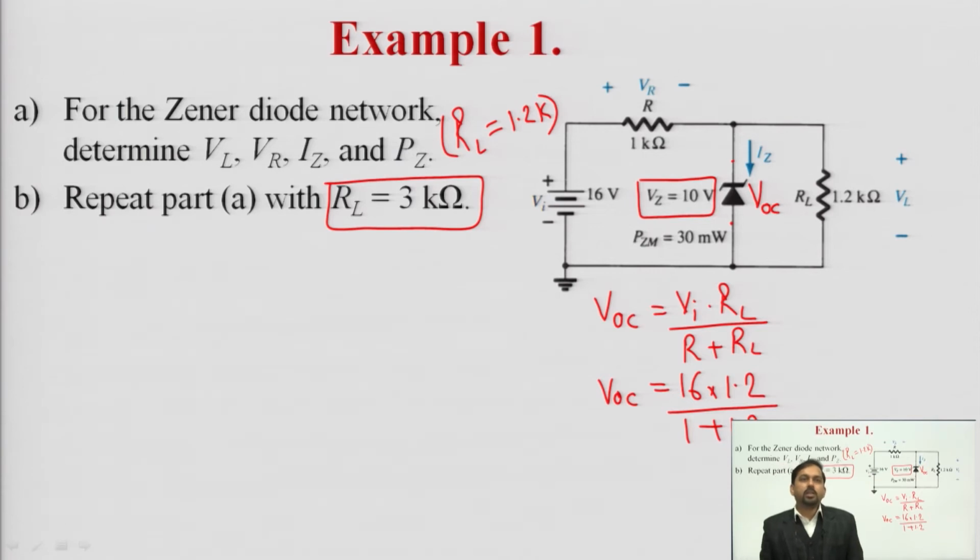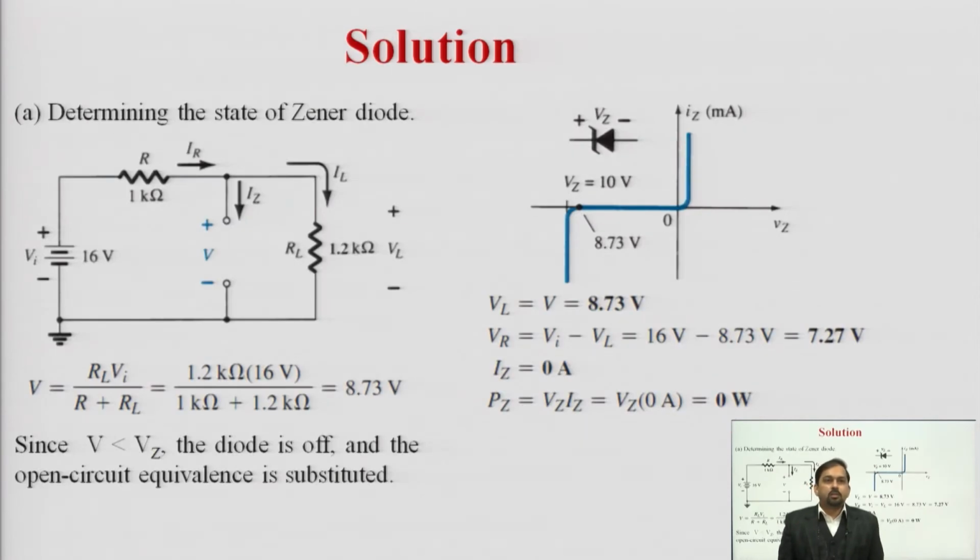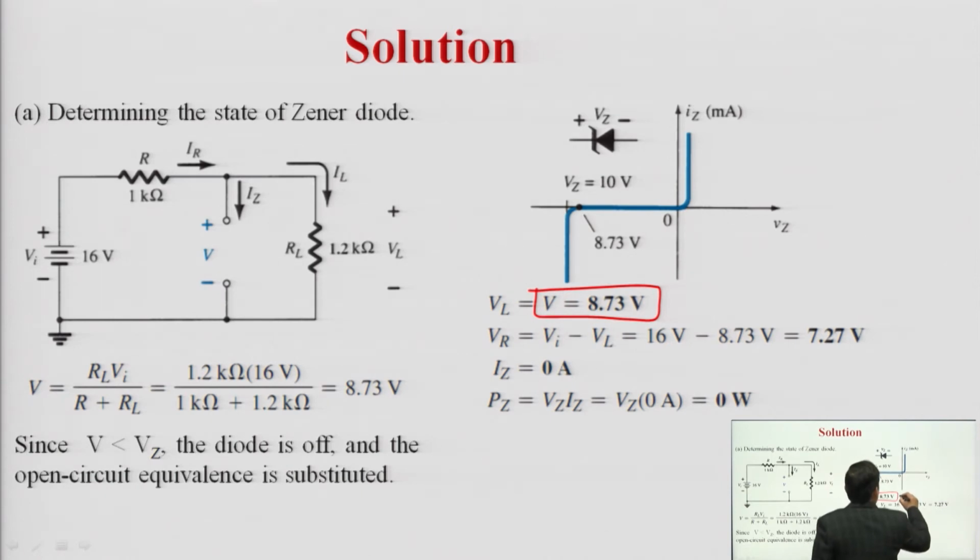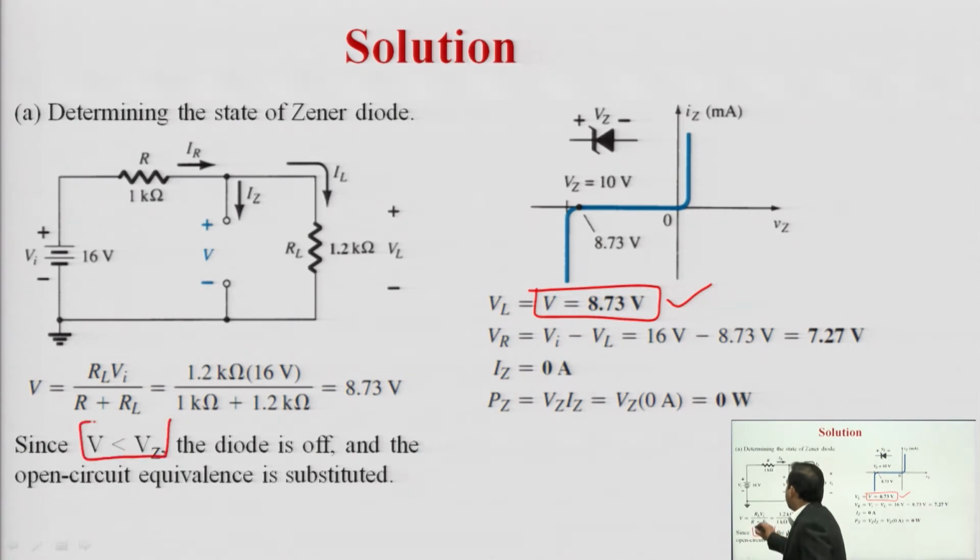If we calculate this, VOC comes out to be 8.73. Once this open circuit voltage is 8.73, we can clearly check that it is less than VZ. V is less than VZ because VZ was 10.